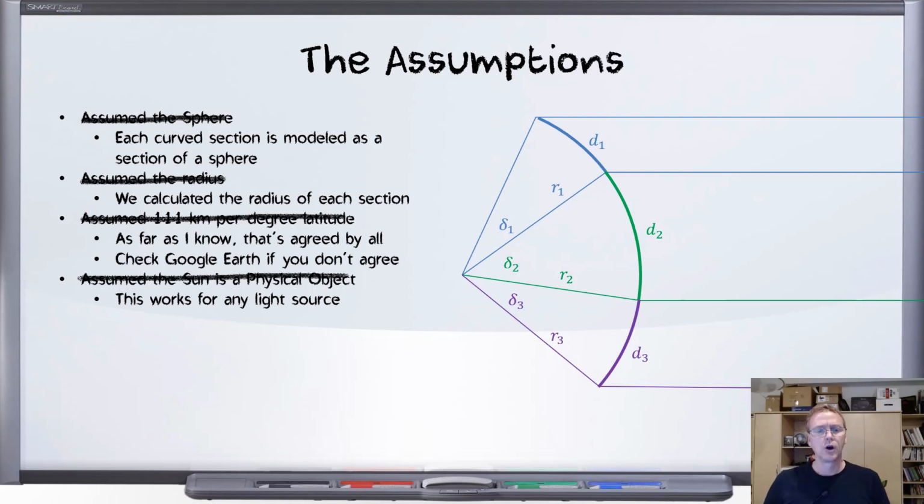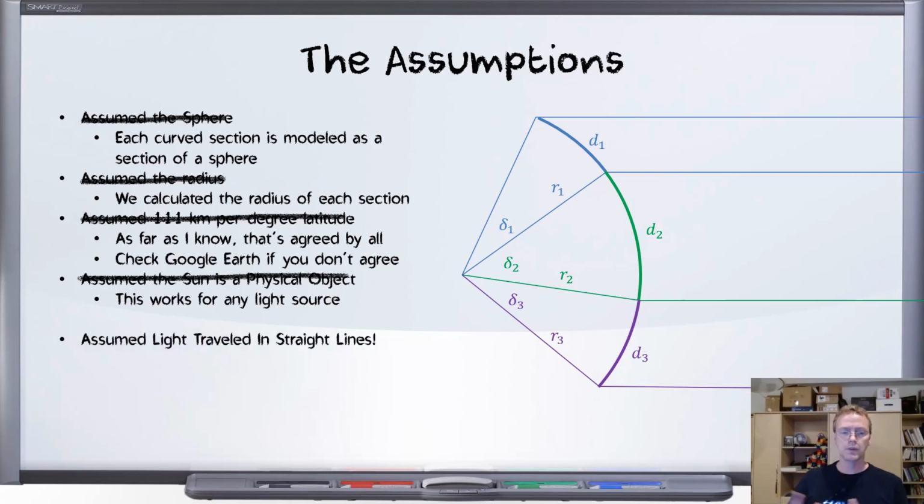Understand? So we are not assuming any physicality. It's not necessary. And we aren't necessarily determining where the sun physically is. We are determining where the sun appears to be. Okay? I think that's pretty straightforward.